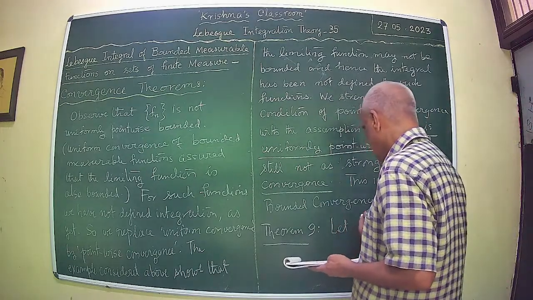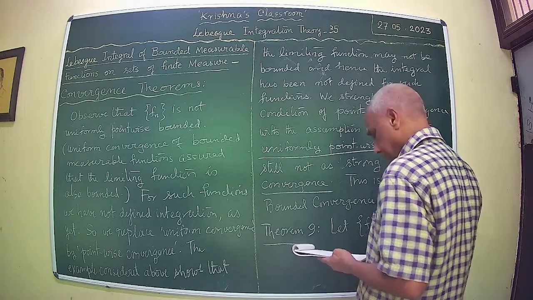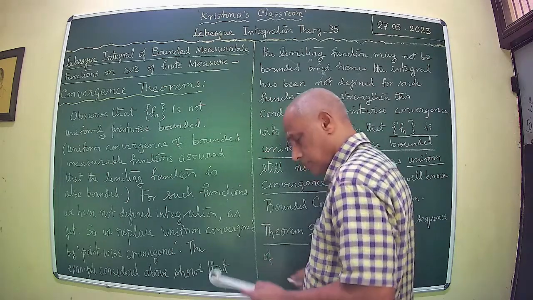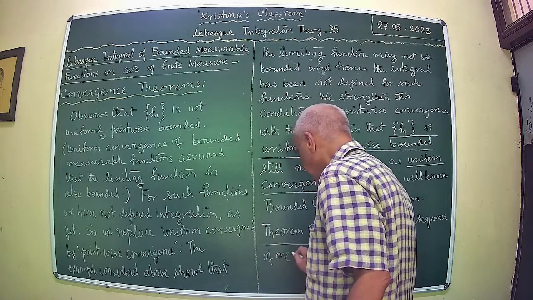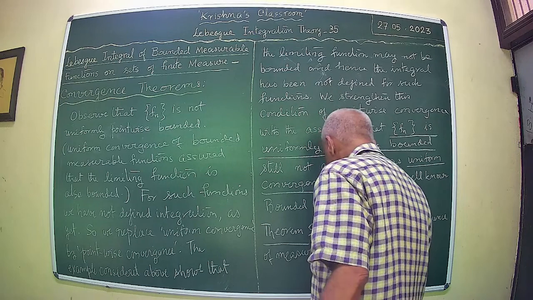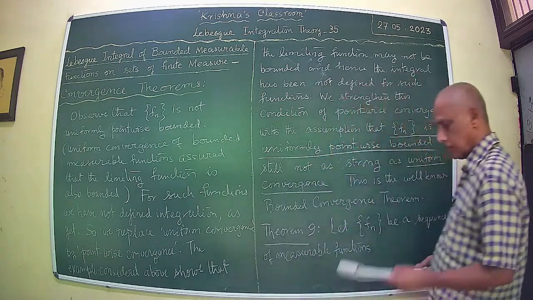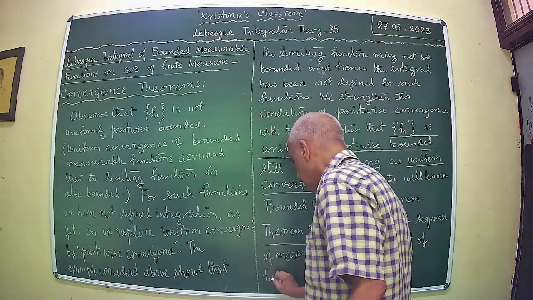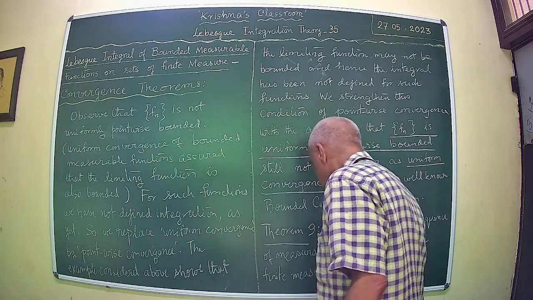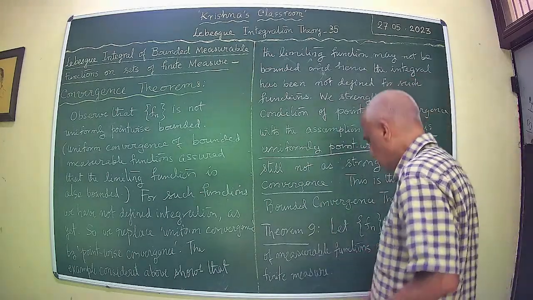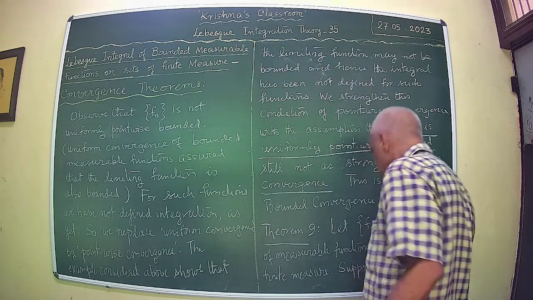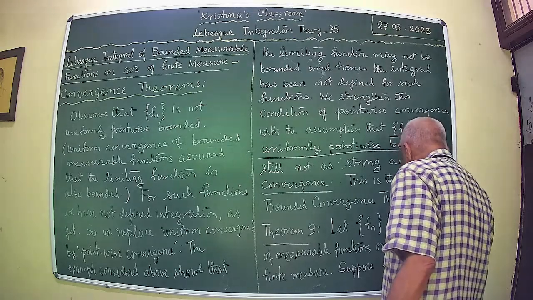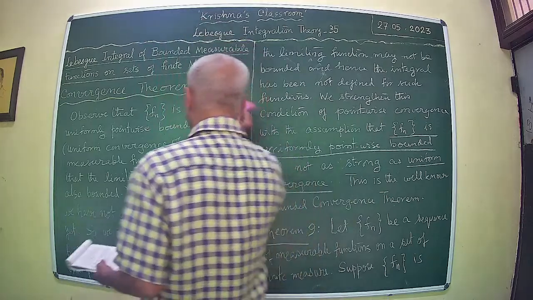Let Fn be a sequence of measurable functions on a set of finite measure. Suppose the sequence Fn is uniformly pointwise bounded.